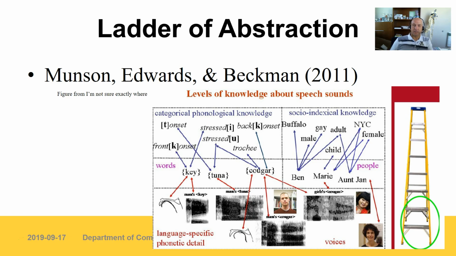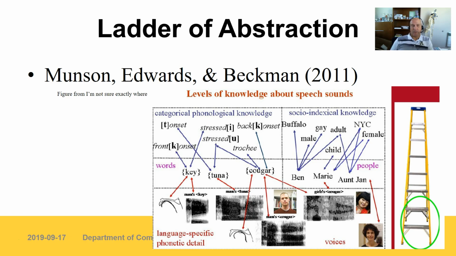This idea of category generalizations helping to sort out phonetic overlap is captured in Munson, Edwards, and Beckman's concept of climbing the ladder of abstraction. So in this figure from one of their presentations, we have phonetic detail in terms of acoustics, in terms of articulation, in terms of individual patterns of voices.